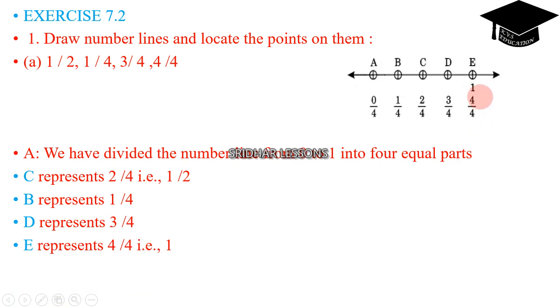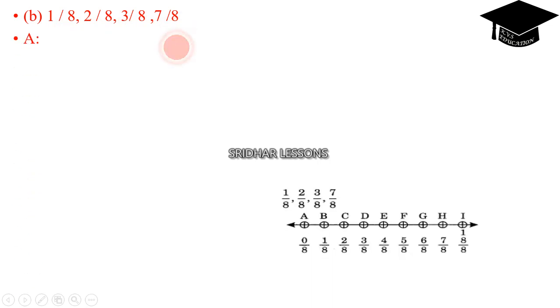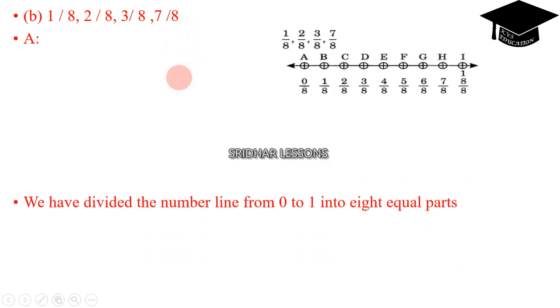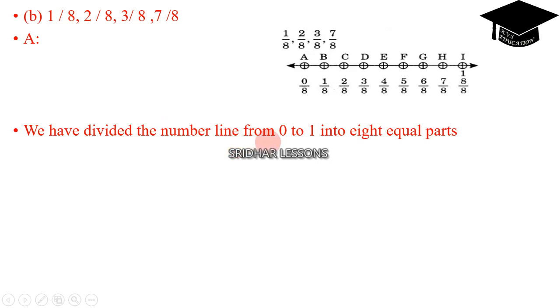Students, we have divided the number line from 0 to 1: 0, 1, 2, 3, 4. Next, 1 by 8, 2 by 8, 3 by 8 and 7 by 8. We have divided the number line from 0 to 1 into 8 equal parts. How many parts? 8 equal parts.